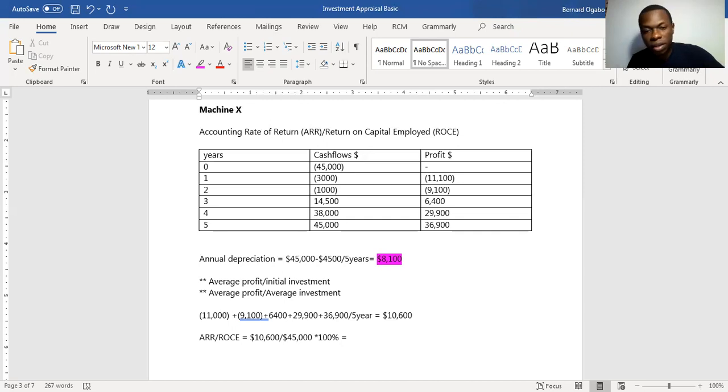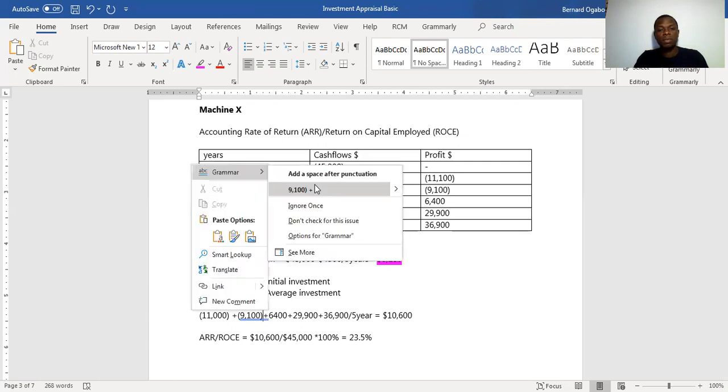So that will be 10,600 divided by 45,000 times 100. That's 23.5%. That's approximately, if we rounded it up, going to be 24%.